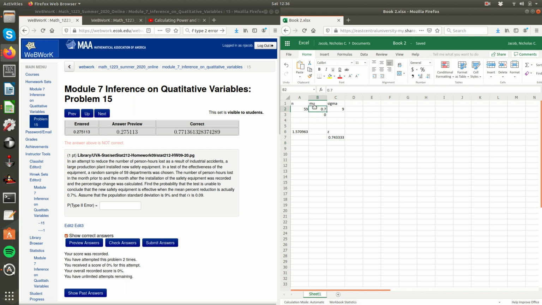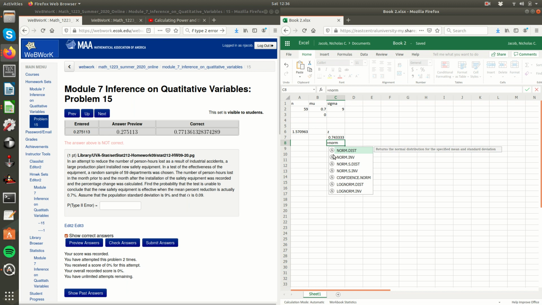So if this had been my null hypothesis, and this had been my critical value, that difference would have given me this kind of z-score. And that would have been the difference that I would have needed to reject the null hypothesis. So let's convert that into a probability.